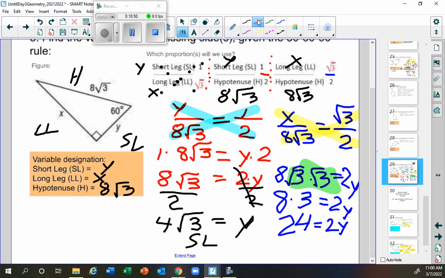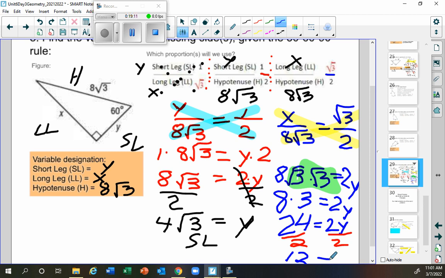And then, to get y by itself, what do we have to divide both sides by? Divide by 2. So then 24 divided by 2 gives us 12. And that is our x. Oh, that should have been x. I'm sorry.